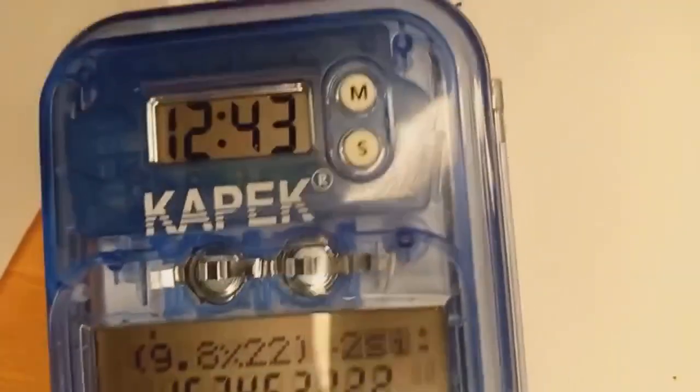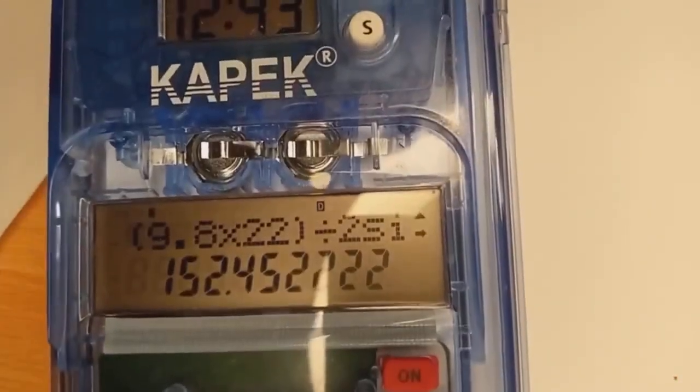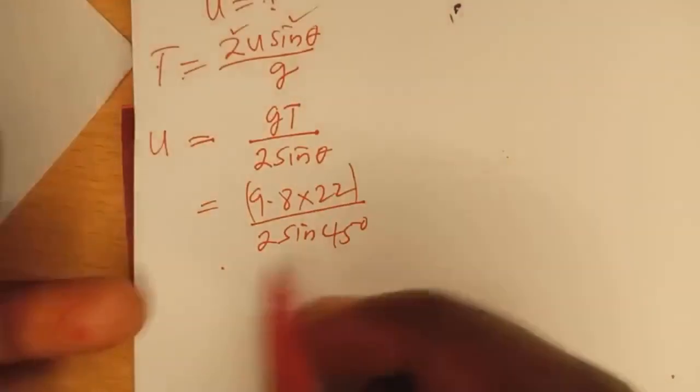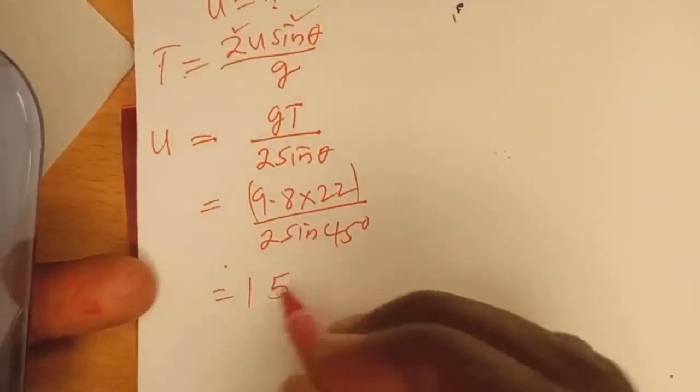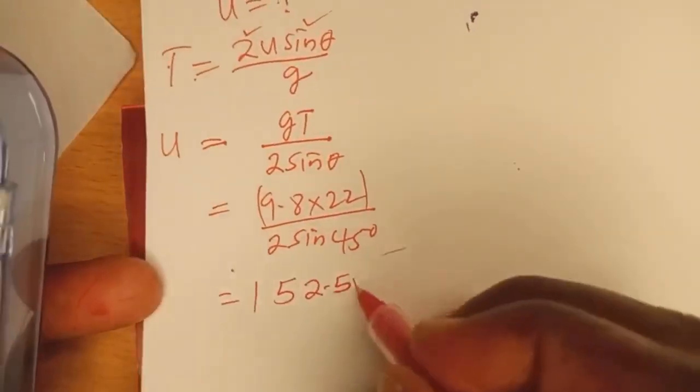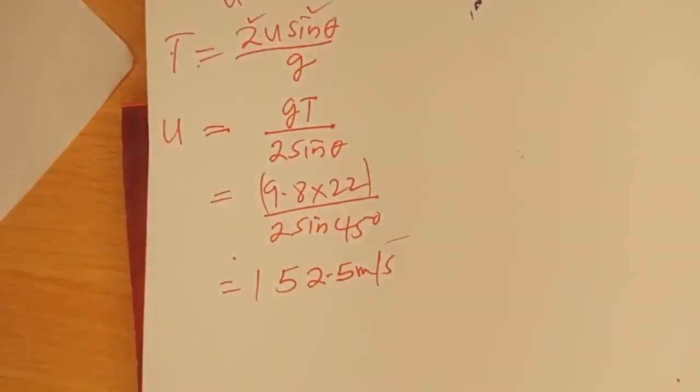This will give me 152.5 approximately. Check this, 152.5 correct to one decimal place, so I will get 152.5 in meters per second. This is the initial speed with which the object was thrown.